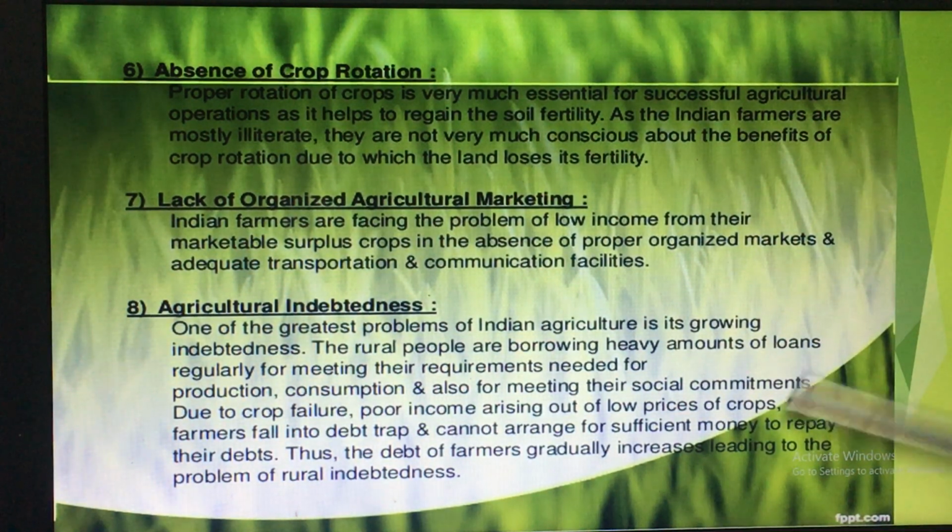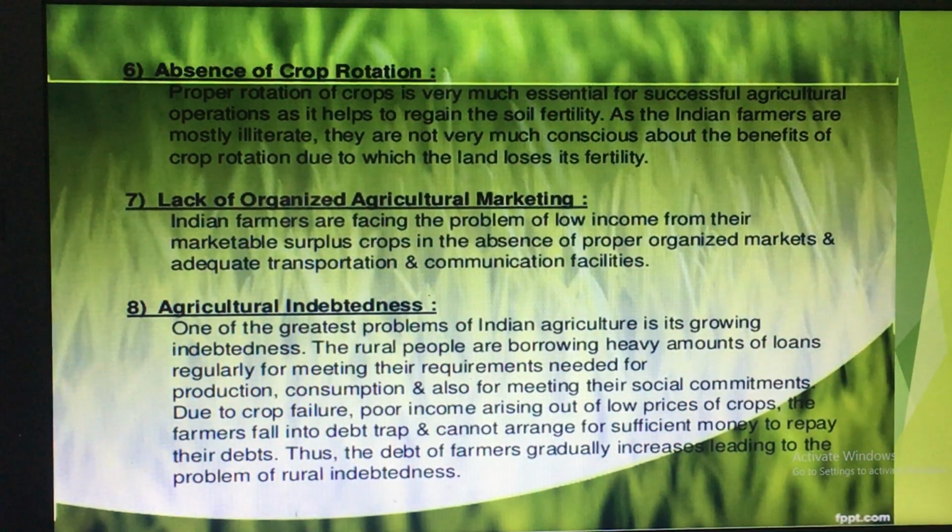Indian farmers fall into a debt trap as a result of crop failure, poor income arising out of low prices of the crops, extraordinarily high rates of interest charged by the moneylender, manipulation and use of loan accounts by the moneylender, and use of loans for various unproductive social purposes.